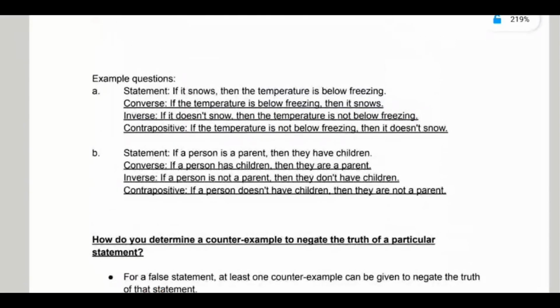Next, we will see an example for here. So here I have converse, inverse, and contrapositive. So we do some summary for it. The statement is if P then Q, right? For the second one, the converse, we will reverse that.